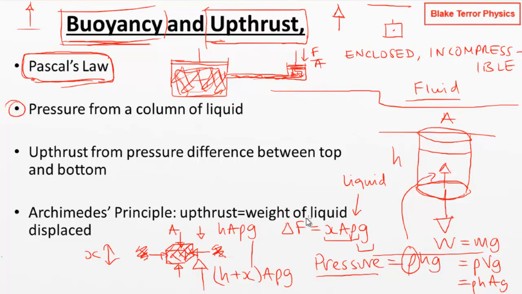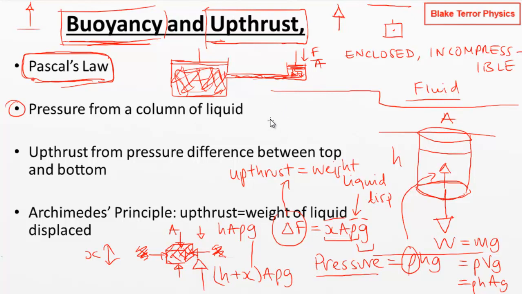So this difference in the force, that is the upthrust, and that is equal to the weight of the liquid displaced by the object in the liquid, because we've got volume x times A multiplied by rho, which is the density of the liquid, so that's the mass of the liquid, all in all, multiplied by acceleration due to gravity, so that's giving us the weight. So the upthrust is the weight of the liquid displaced, and that is our upwards force.